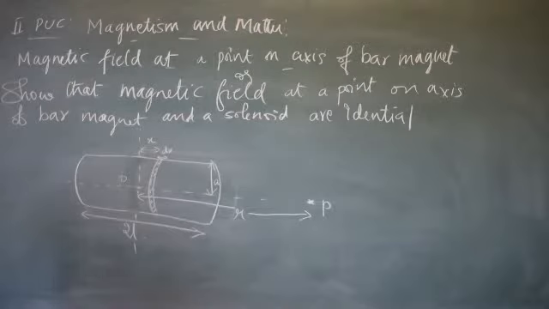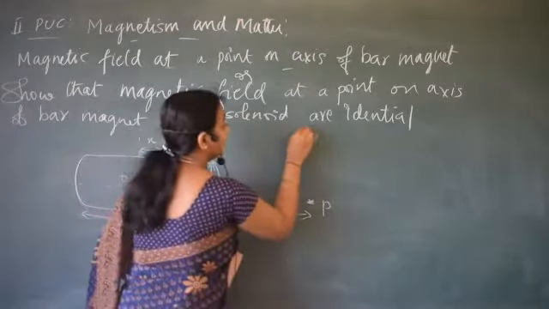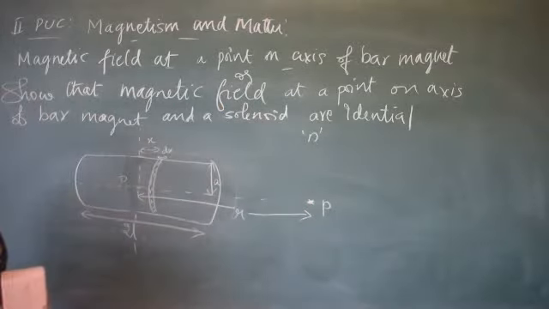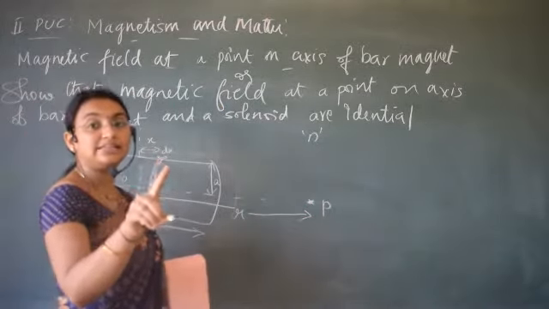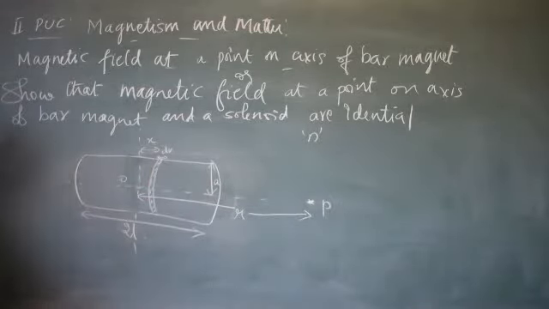So how many turns does it consist of? N into dx, correct? We said n number of turns per unit length, so for thickness dx the total is n into dx.